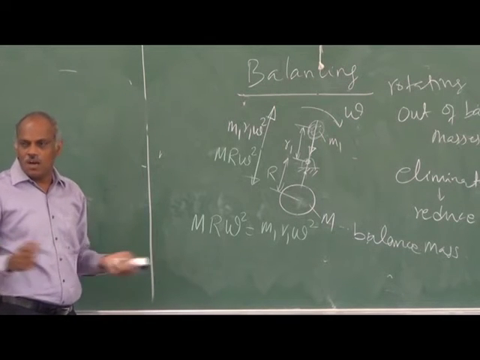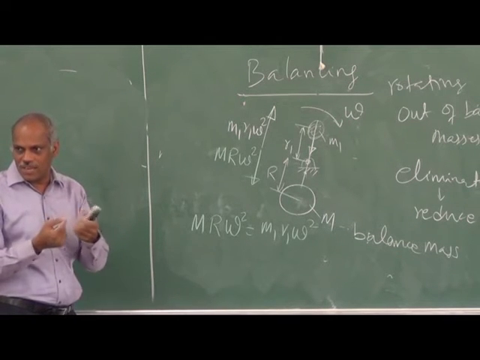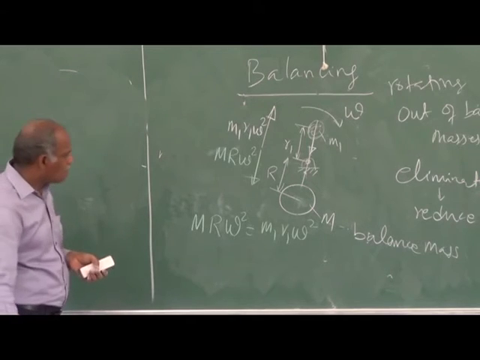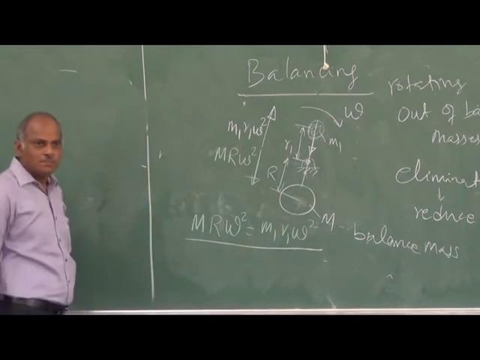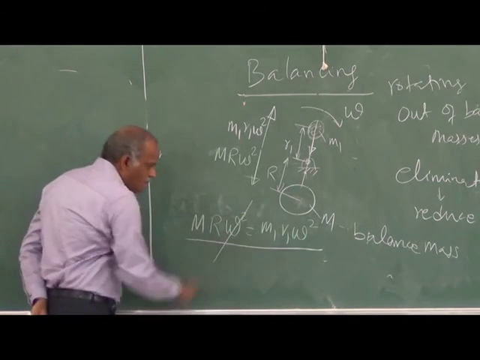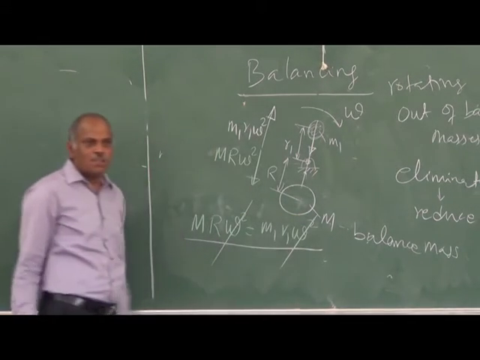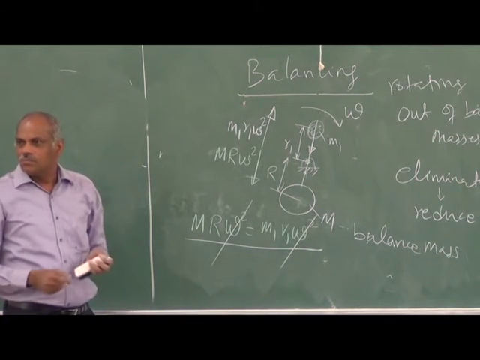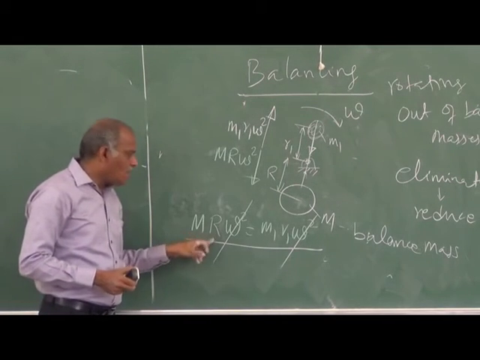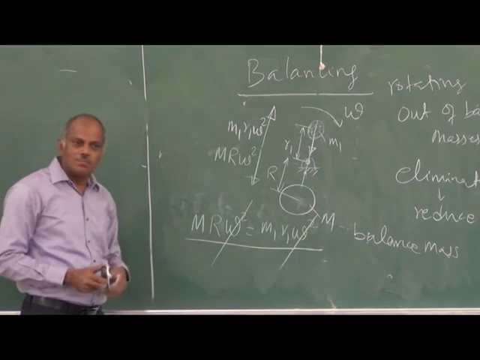So according to the law of equilibrium, these two forces will cancel each other. This equation can be further simplified in the sense that omega is common for both because it is on the same shaft that is rotating. So m r is equal to m1 r1.